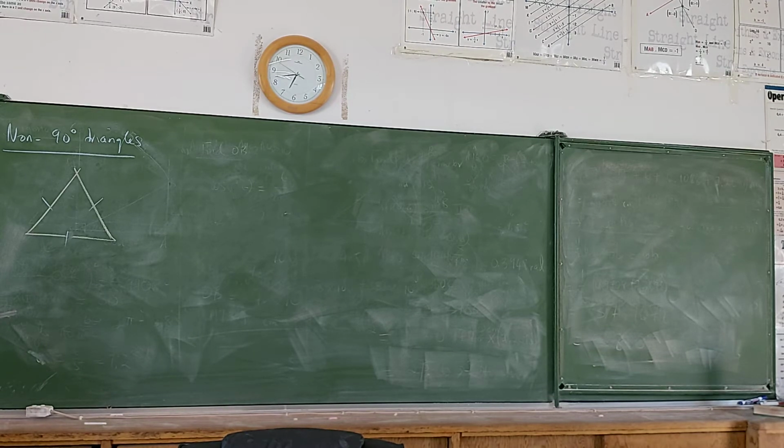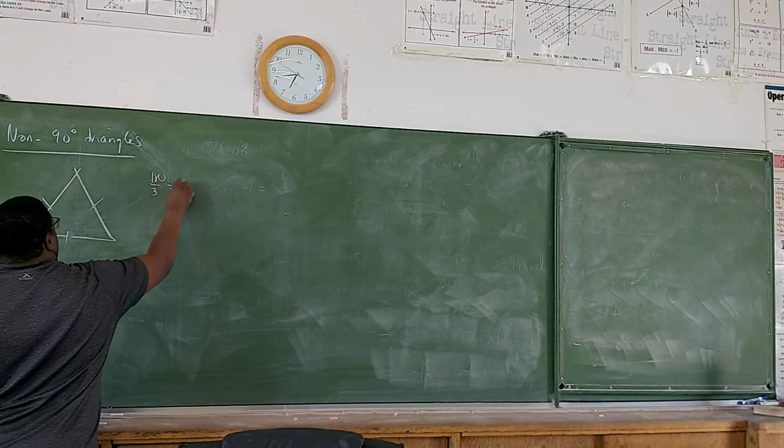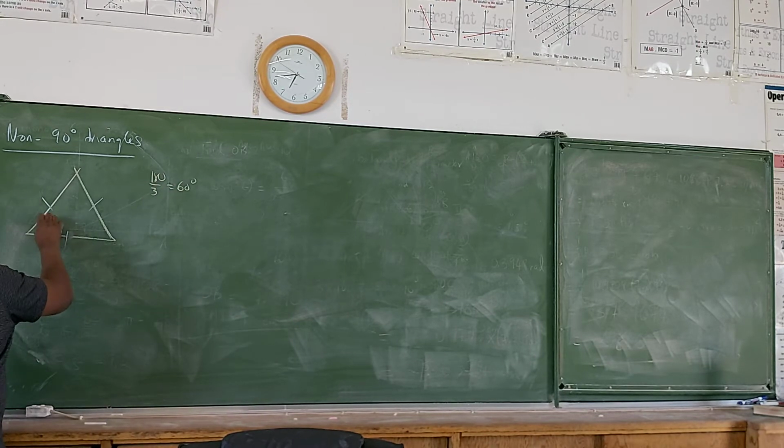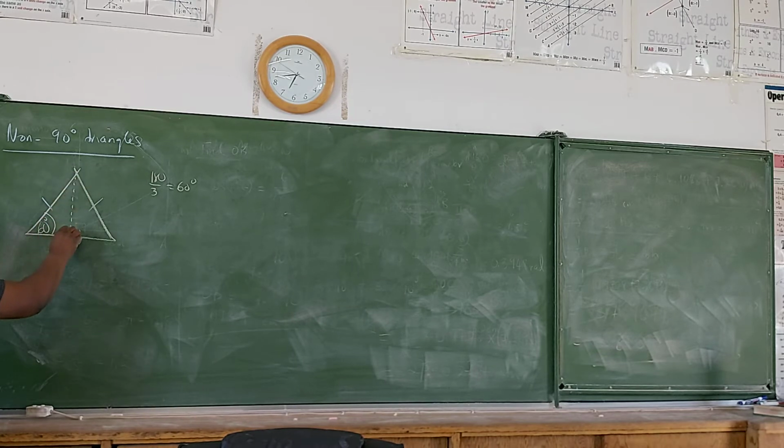So what is each interior angle equal to? 60 degrees. Where do you get it? All of them add up to 180, so each angle will be 60 degrees. Now, if I draw a perpendicular, it's going to cut this side in half, right?